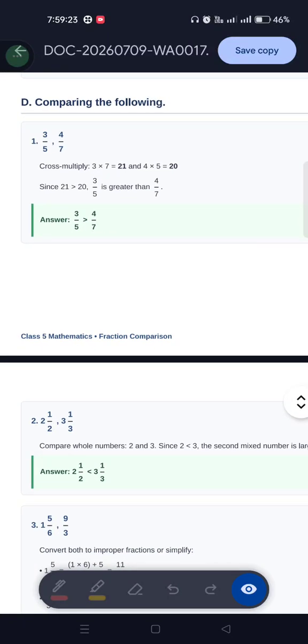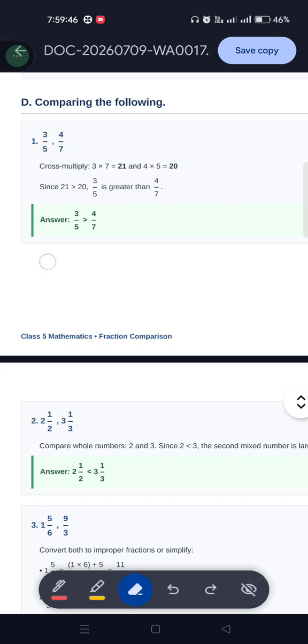In part D, the question says to compare the following; you have to compare the two fractions. It is an easy question like the previous questions we have done. Here you only need to put the sign. You will compare which fraction is greater or which is lesser. So how will you compare here?